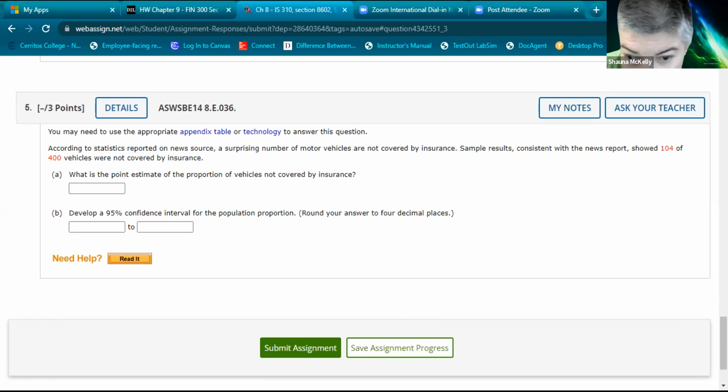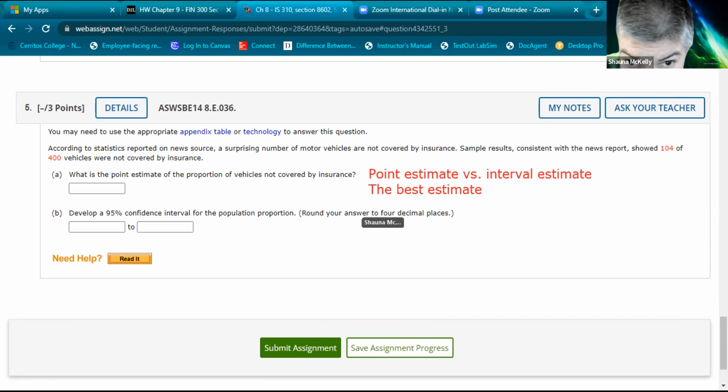So the best point estimate, and in this case we're talking about a proportion, and this makes a difference. So the point estimate for the proportion versus the point estimate for the mean. We're not doing a mean right now.